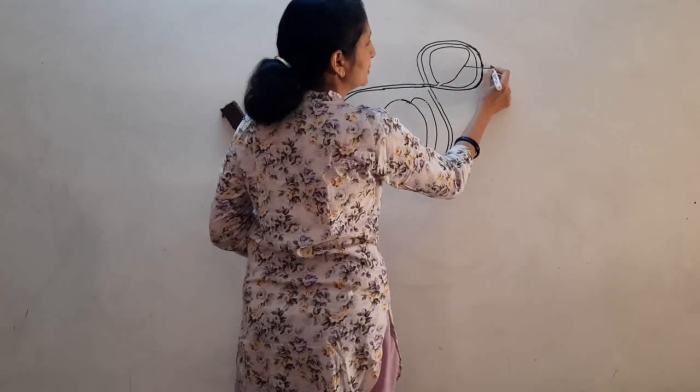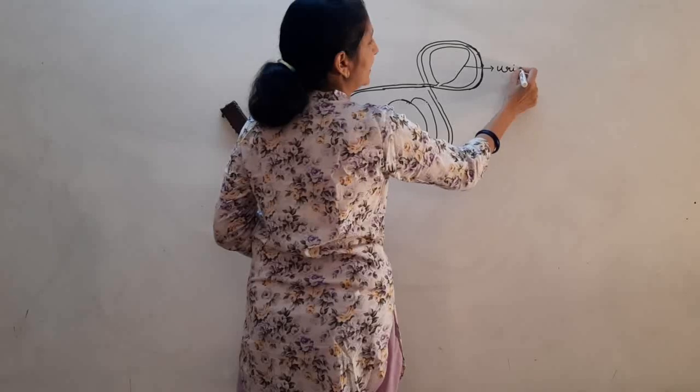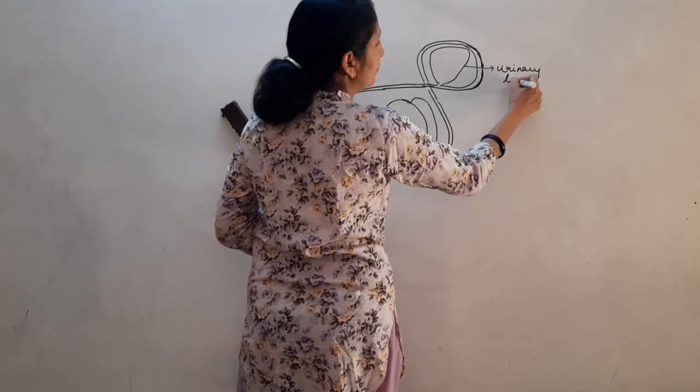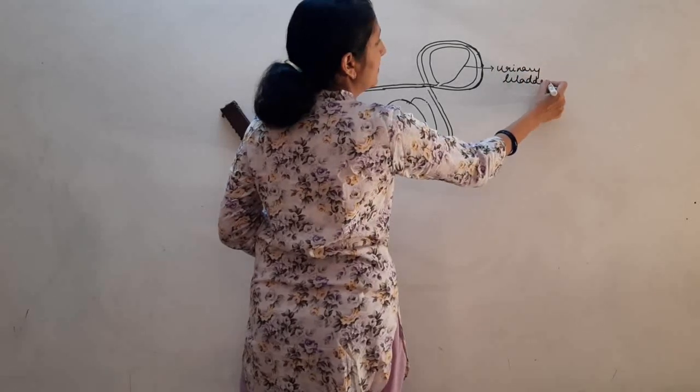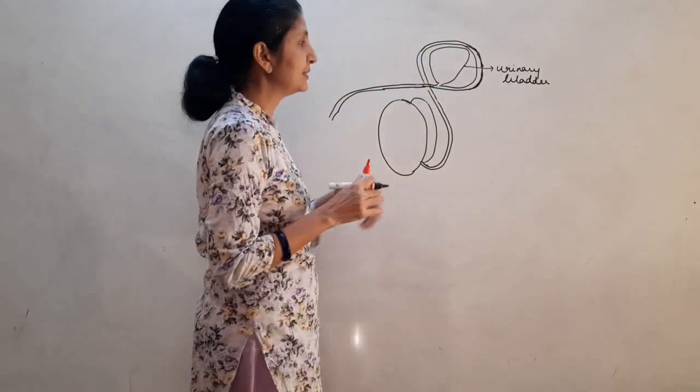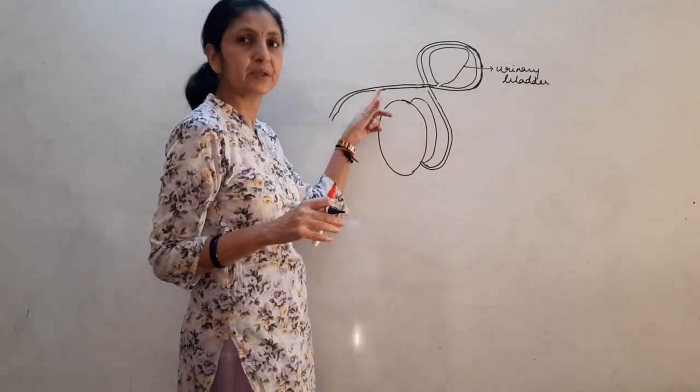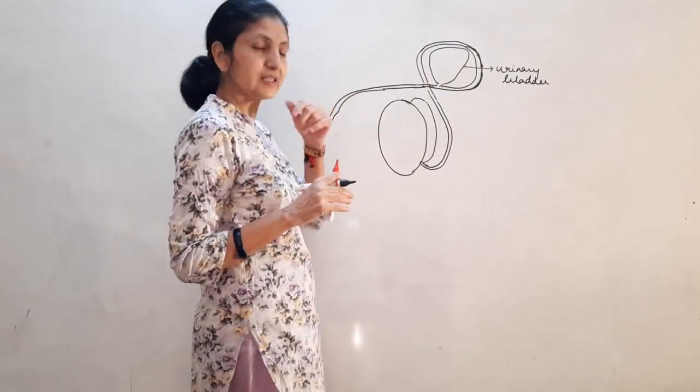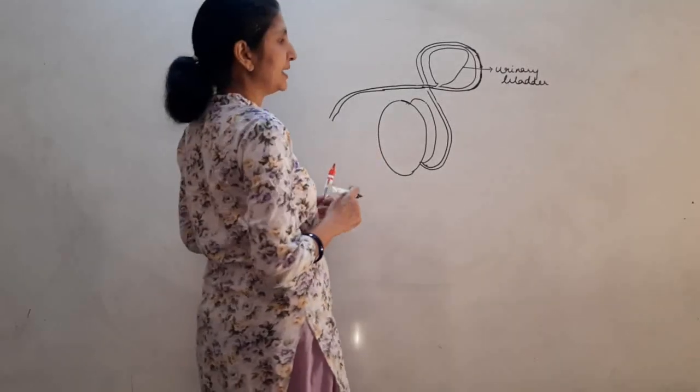This is the urinary bladder, not a part of the reproductive system, part of the excretory system, लेकिन यूरेथ्रा इसी को मिलता है, आके इसी में मिल जाता है. That's why I've drawn. इतना आपने बना लिया.